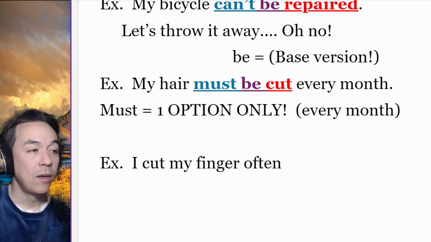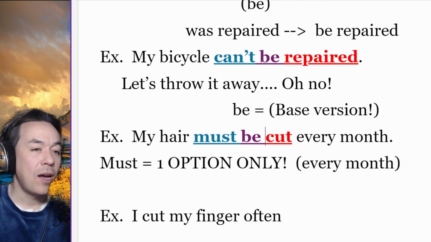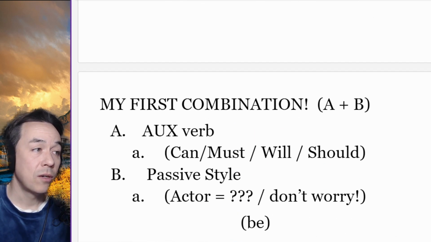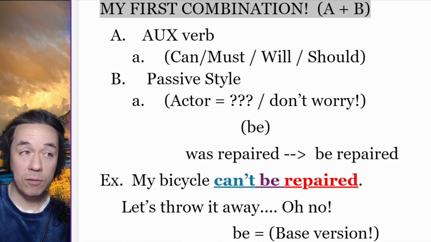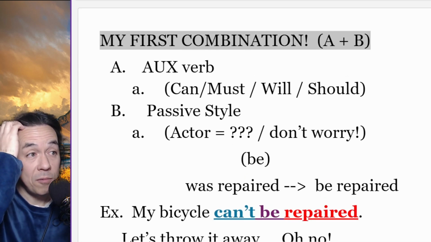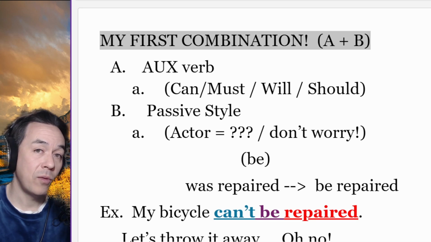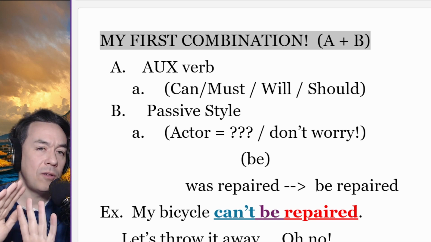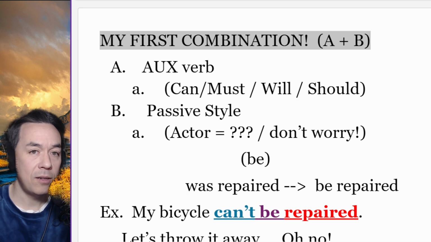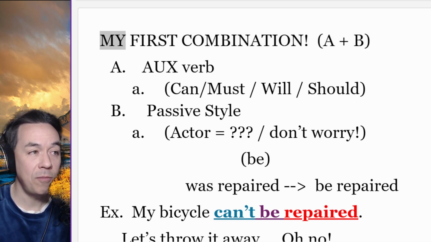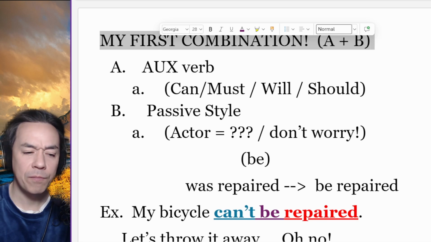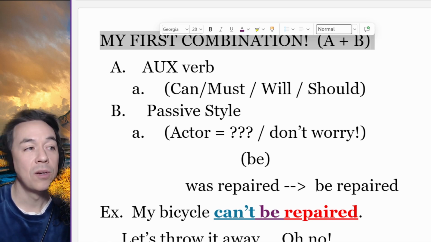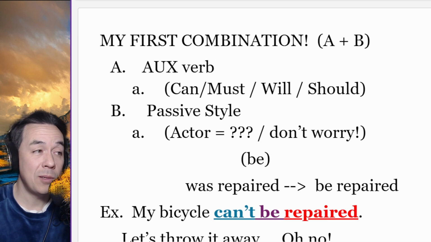All right. Okay. Now again, I just want to introduce this, your first combination, to you. Because we're really starting to break out of the step-by-step, beginner English, expert English. I kind of disagree with that because native people, we use everything. We don't really think about what is expert or easy or difficult. And often we speak this way.